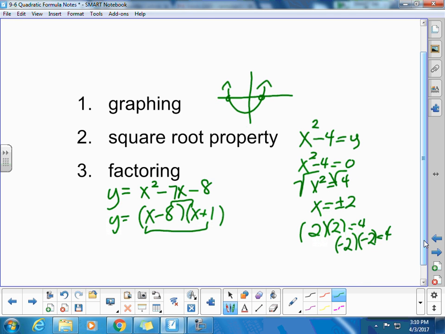Then I would set each factor equal to 0 and solve it. So x would equal 8 and negative 1. Those are the three ways that we have learned to solve quadratics so far.